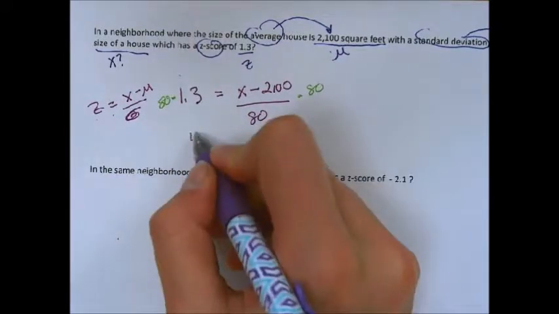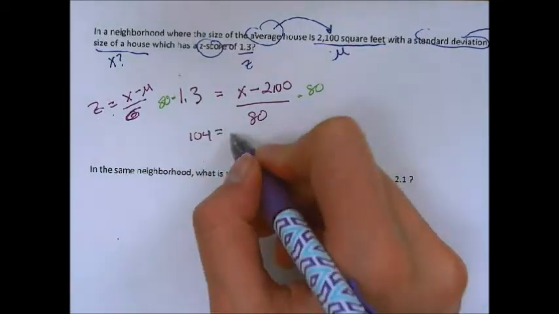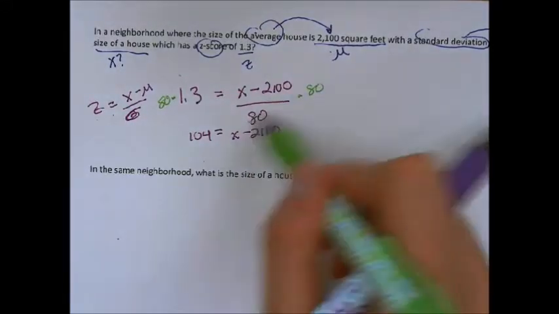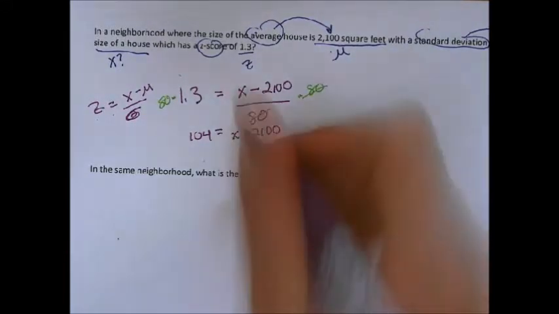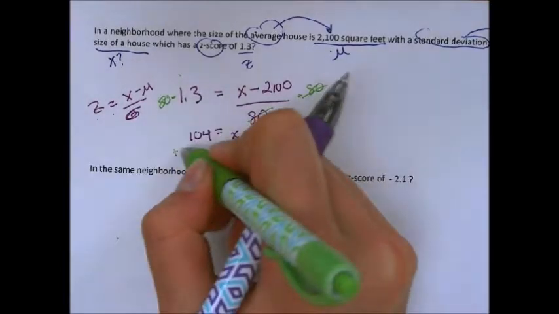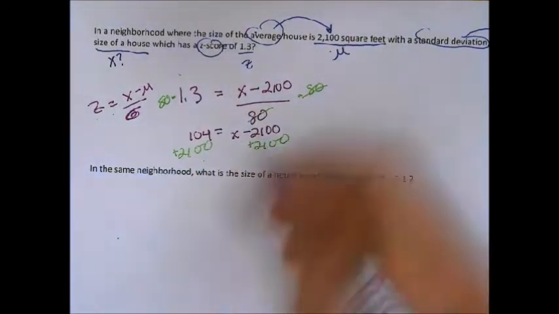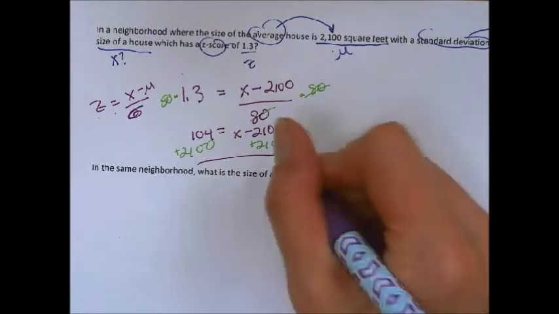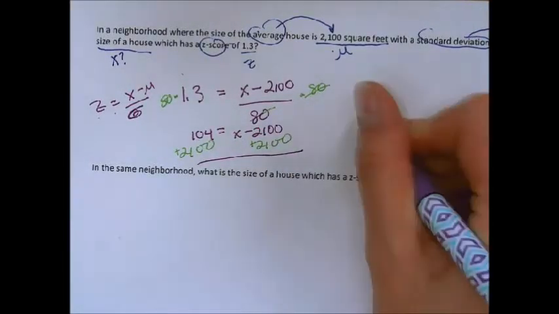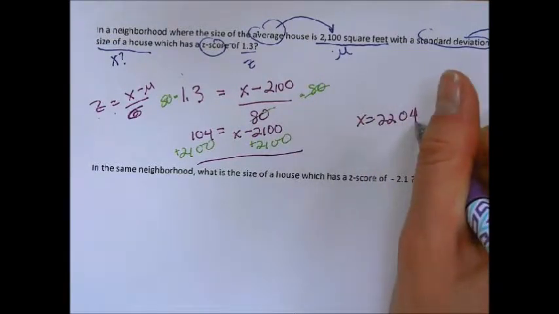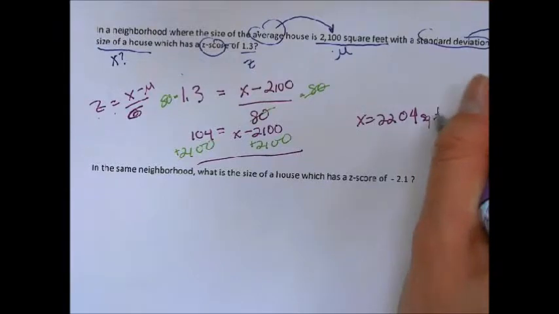I get 104 equals x minus 2100. Add the 2100. And I get x equals 2204 square feet.